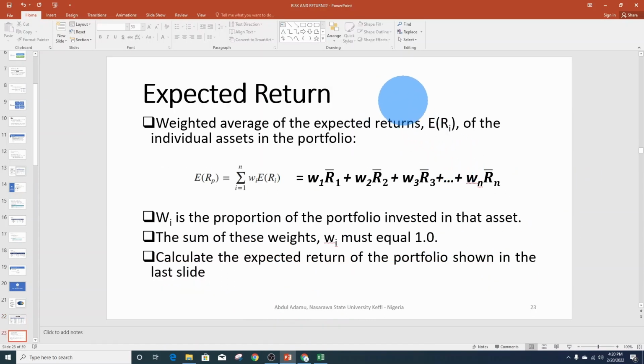Now, how do we calculate the expected return of a portfolio? To calculate the expected return of the portfolio, all we do is multiply the weight of each of the assets by its return.